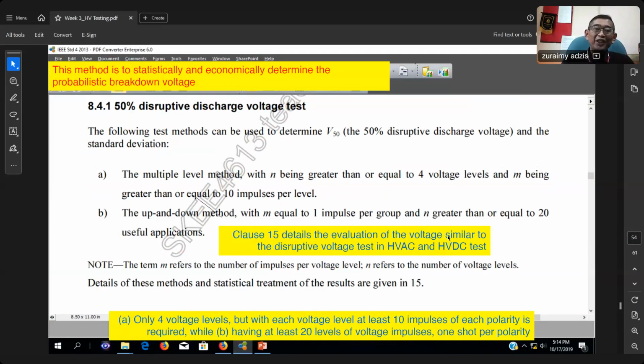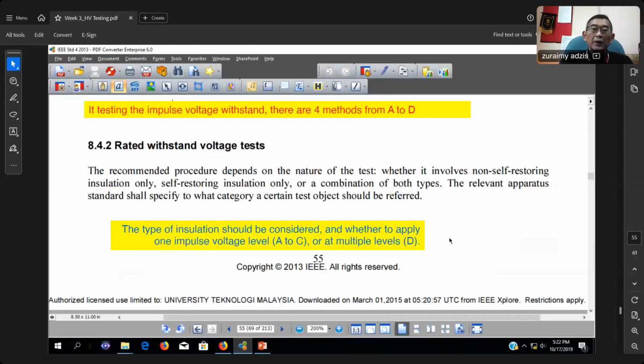So now you can see it is totally different from the AC and DC test. Even though they have 3 tests, the first test is the 50% disruptive discharge voltage test. The second part is the rated withstand voltage test. The third part is the assured disruptive discharge voltage test.